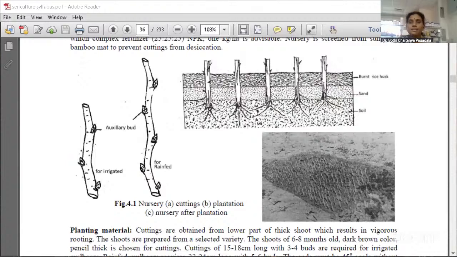Here you can see the burnt rice husk, the sand and the soil.